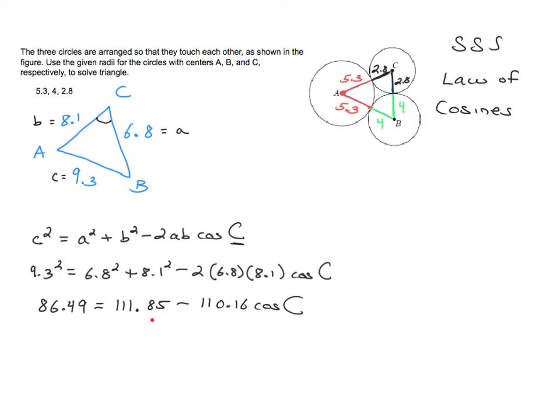I'll subtract this from both sides and divide by this number here. So that's 86.49 minus 111.85, and I'm dividing by negative 110.16.